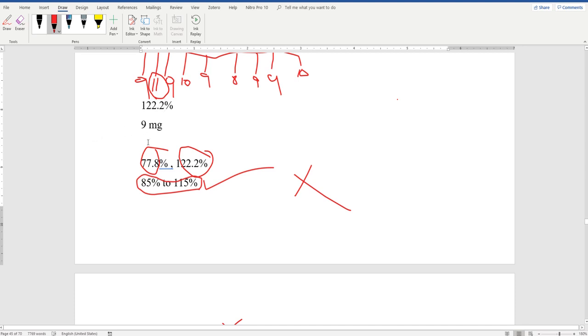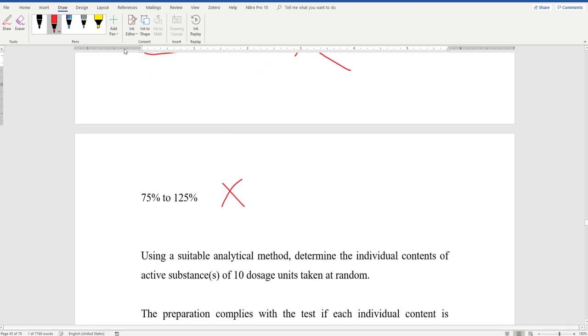So imagine now the second scenario. All the tablets are in the first range and only one is not in the first range. It is in the second range. It is here, in this one.